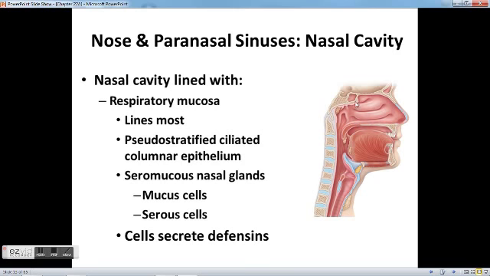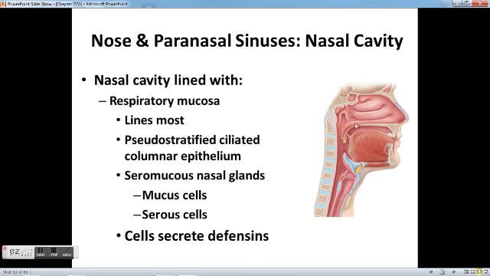Now, most of the nasal cavity, the rest of it, is lined with respiratory mucosa. The olfactory mucosa was the little part up here with the smellers, and the respiratory mucosa lines everything else. This is pseudostratified columnar epithelium, and it does have cilia. It's really important. A lot of the times when we see areas with high mucus production, we do see cilia present, because mucus is great. Mucus traps things, but we have to have a way to move that mucus along.